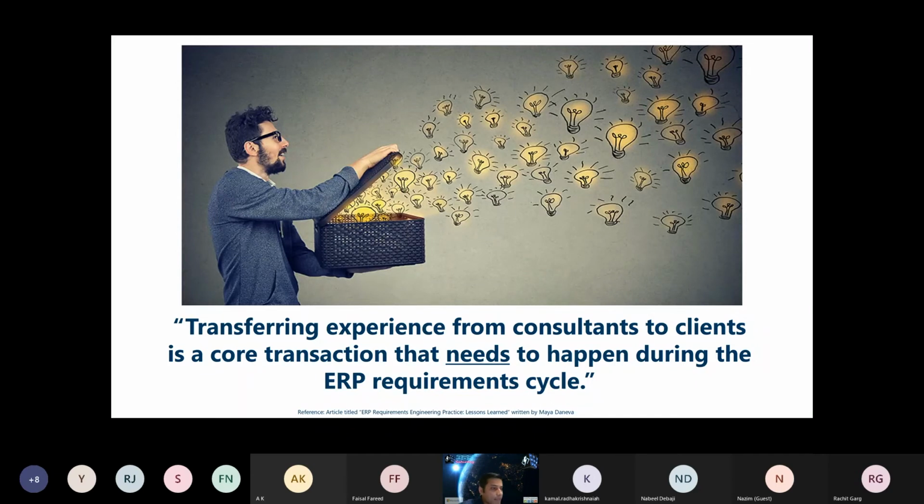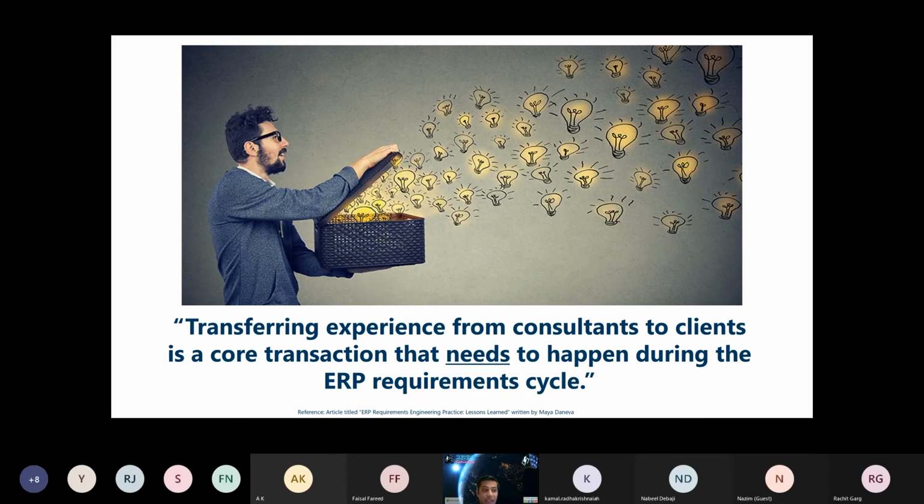So transferring experience from consultants to clients doesn't mean making clients Dynamics 365 consultants or experts in their business. Essentially, it means coming to the same page, talking the same language, and coming to terms with the fact that you cannot learn Dynamics 365, nor a client's business model and all the processes, in 1 or 2 weeks.